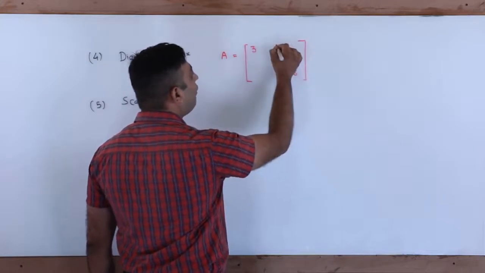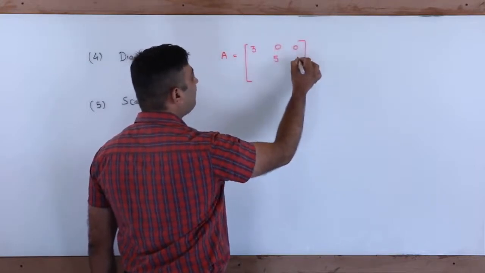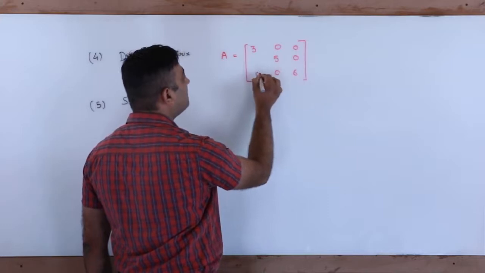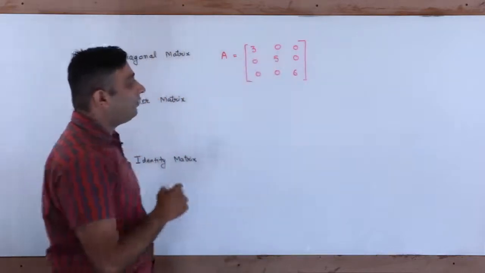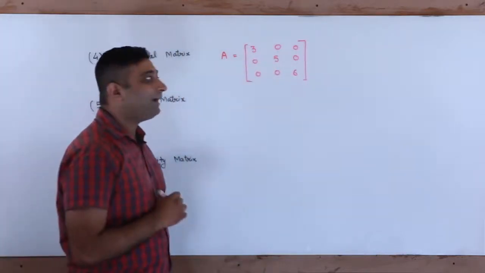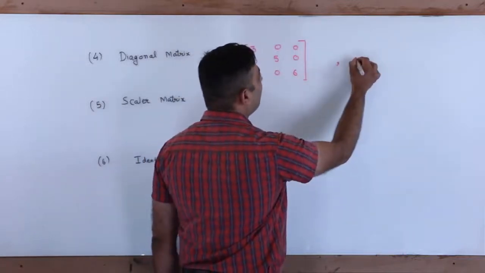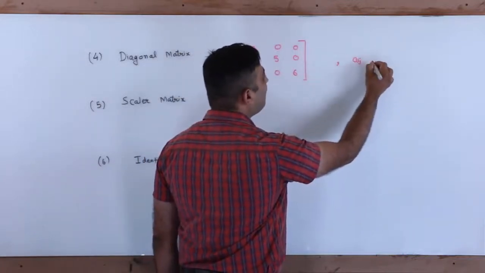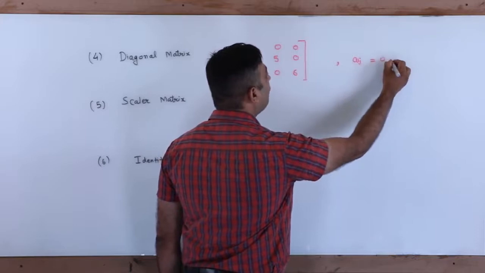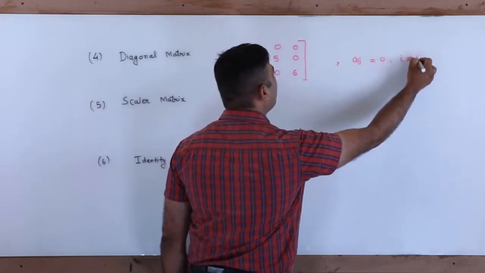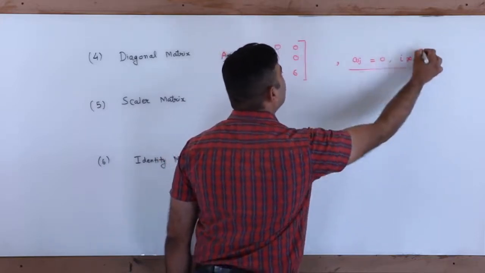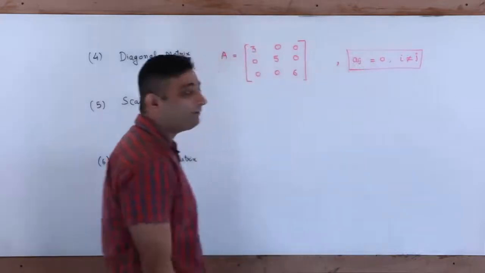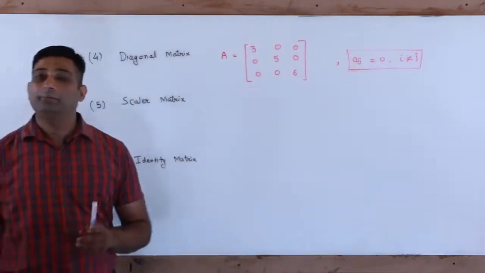Now, all other elements of this matrix must be 0. Then it is called a diagonal matrix. For this, we can write in a general form that Aij is equal to 0 for i not equal to j. This is a general representation of the element of a diagonal matrix.